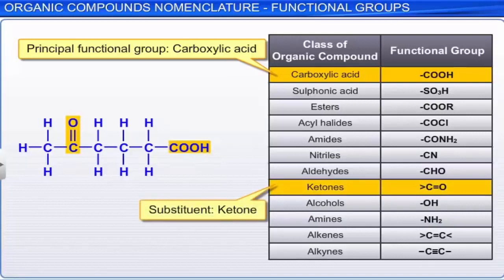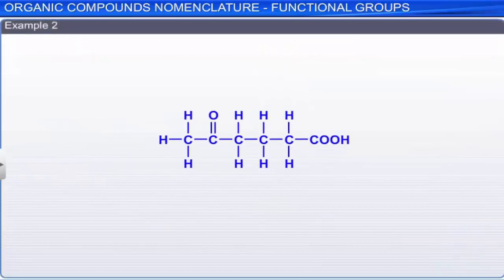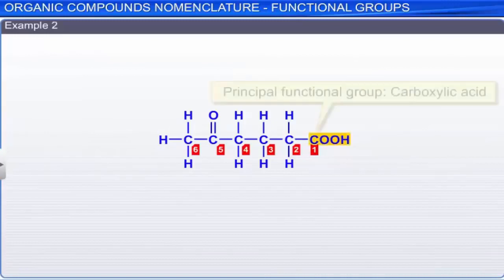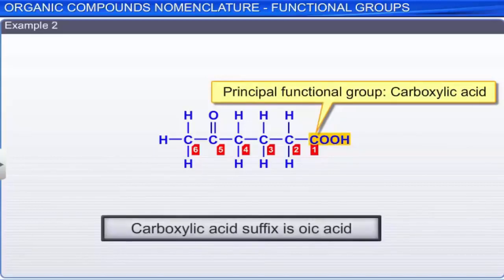The name of the compound is written on the basis of the principal functional group. For this, we need to start numbering the carbon chain from the end nearer to the carbon atom to which the principal functional group is attached. The principal functional group will come as a suffix.